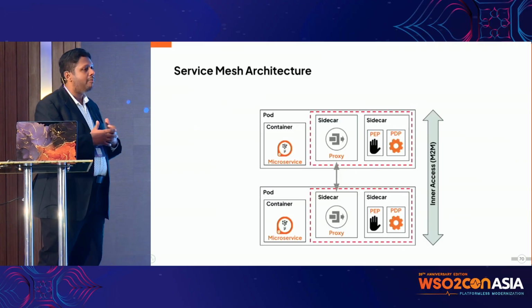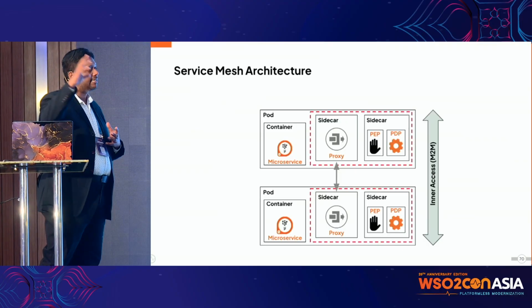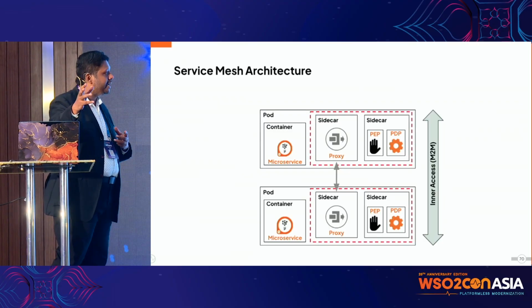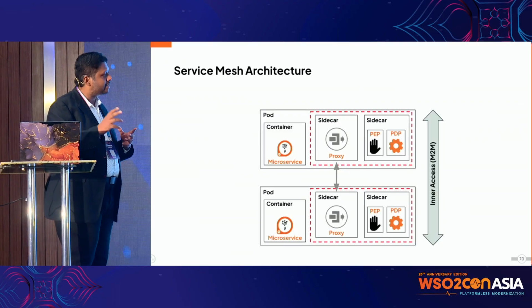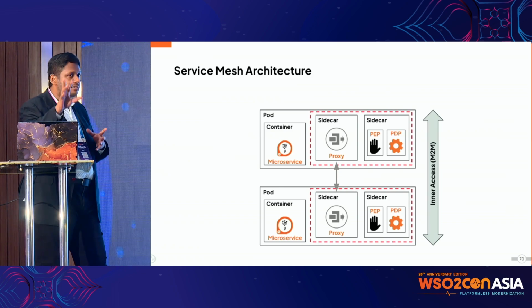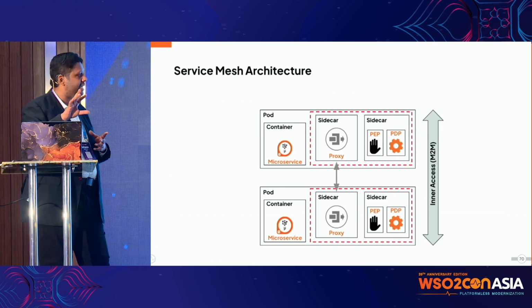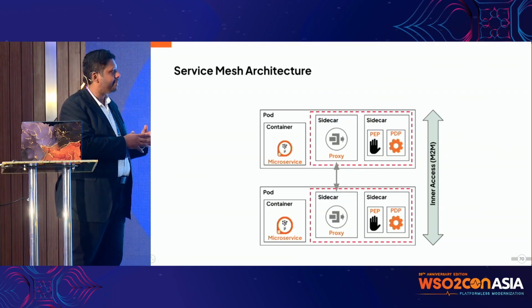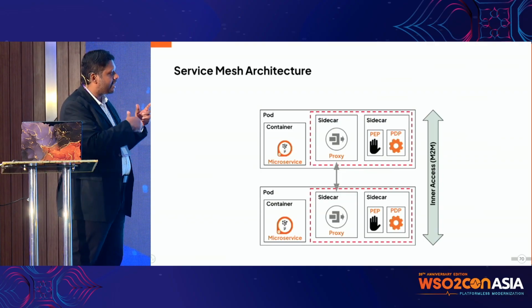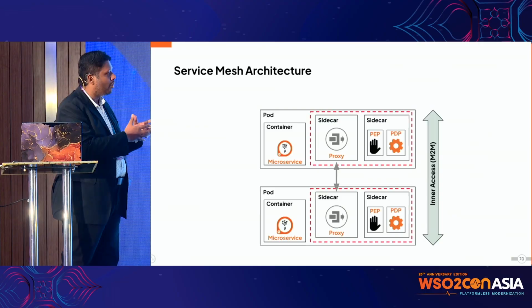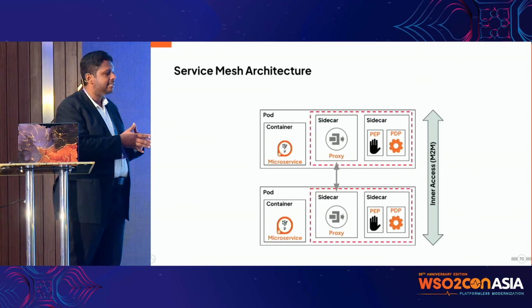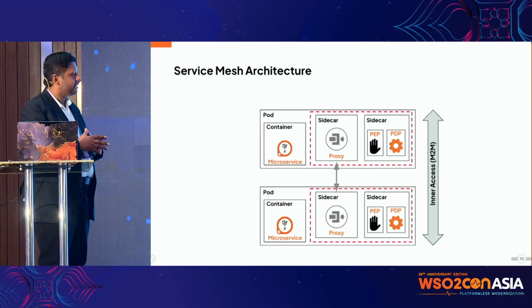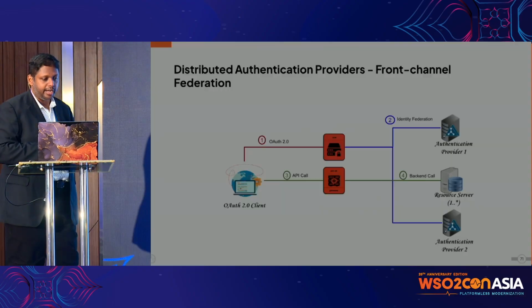Therefore, performance is critical, right? If there is a centralized PDP, and the pods always have to communicate with it, it's going to take a lot of time. So typically you have a centralized PDP where you do the administration, but those policies are pushed to the local PDPs, which run the policies locally with cached decisions, so that it's faster for the pods to communicate with each other, right? So that's typically the architecture.